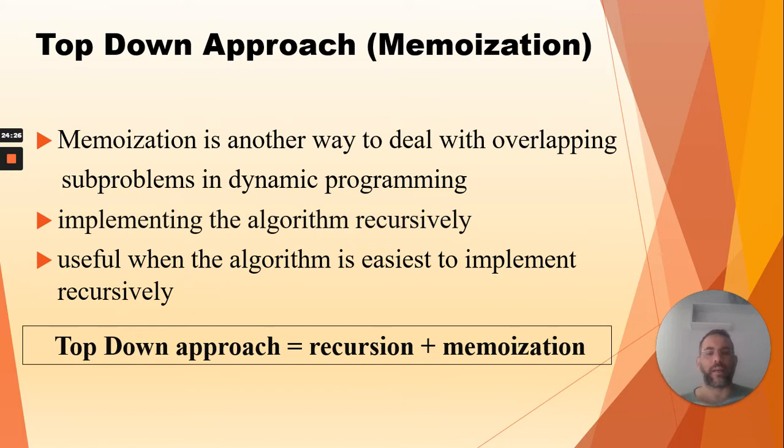The top-down approach uses recursion, which means the function calls itself, and uses a two-dimensional array to store the optimal solution for the sub-problem. Once a sub-problem is solved, its solution is stored.